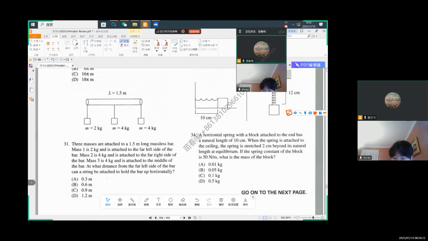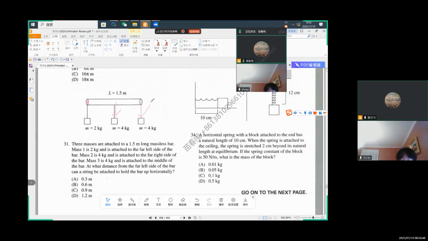At what distance from the left side of the bar can a string be attached to hold the bar horizontal? So let's say this is the pivot. Actually I can choose any pivot. If this is the pivot, this thing is going to make them rotate, right?